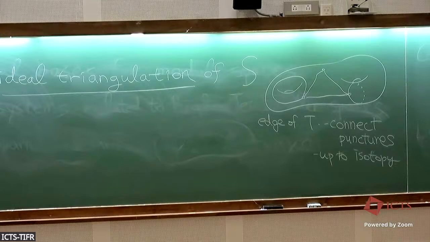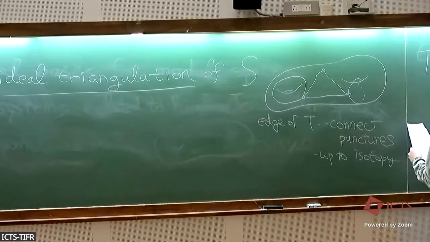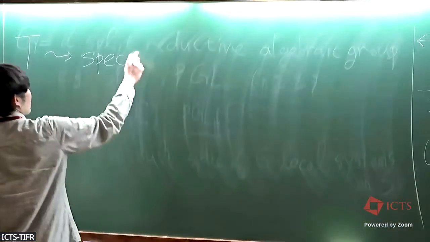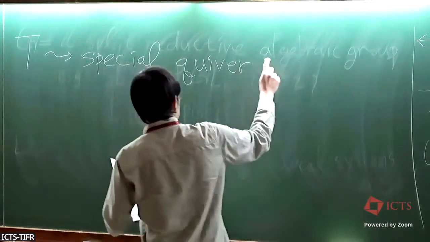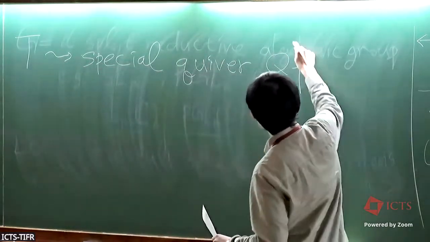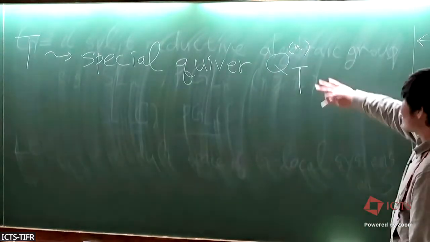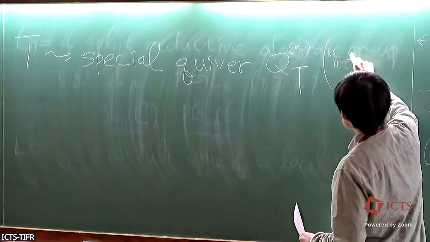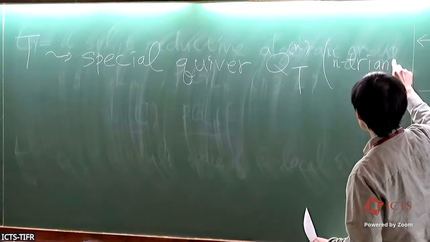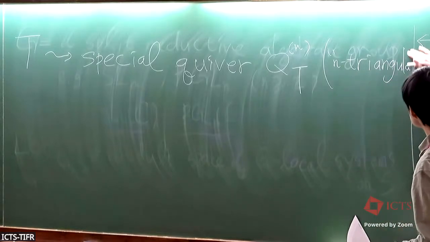Now for each choice of ideal triangulation, I'm going to give you a special quiver, which I write as Q_{T,N}. So Q for quiver depends on T and N. This is sometimes called the N-triangulation quiver.